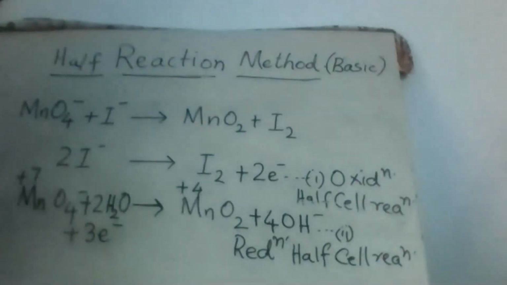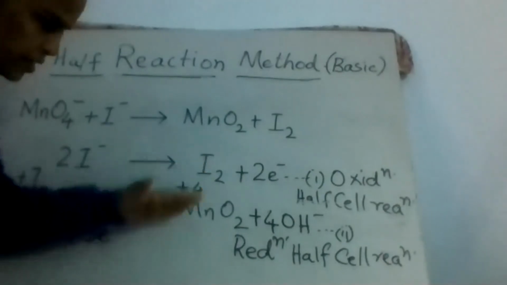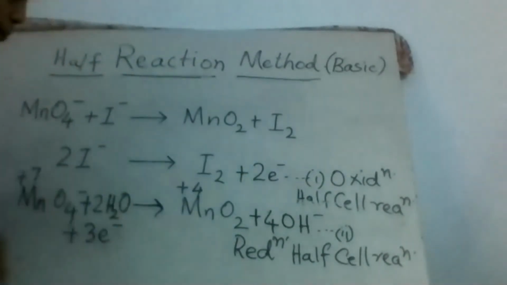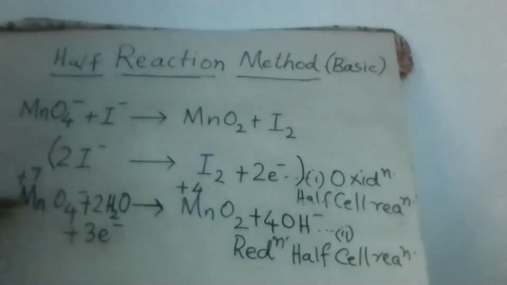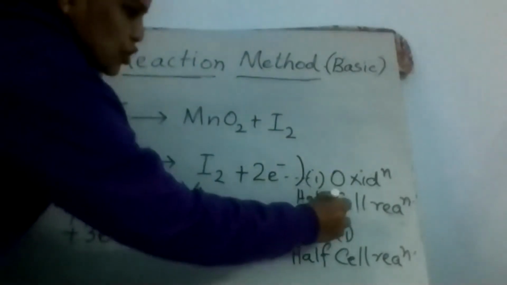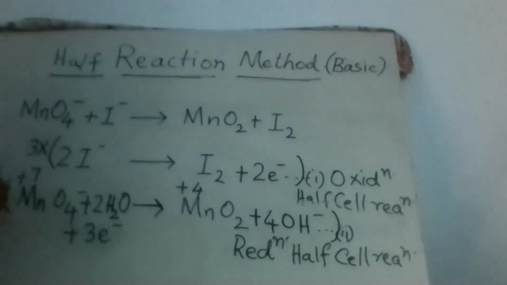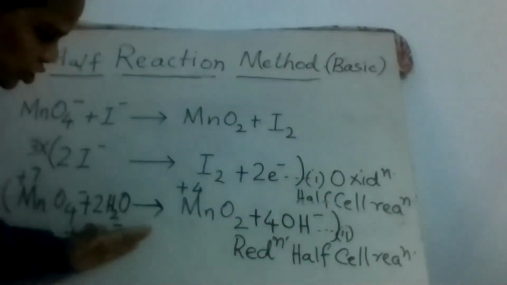I hope here it's clear to all. Next, in equation 1 and equation 2, you need to make the electrons same. For that, you'll multiply equation 1 with 3 and equation 2 with 2. We are neutralizing the number of electrons.